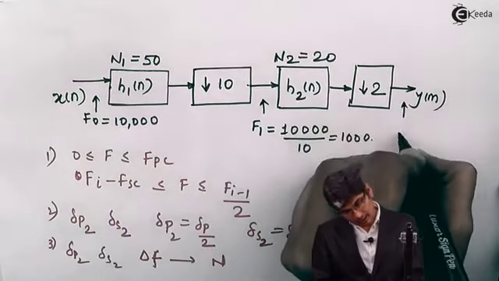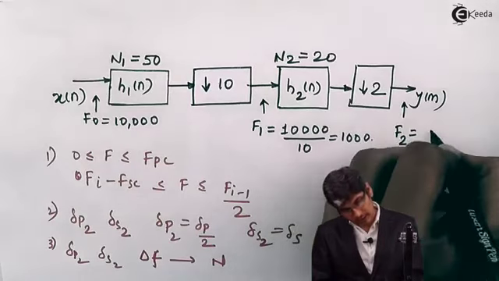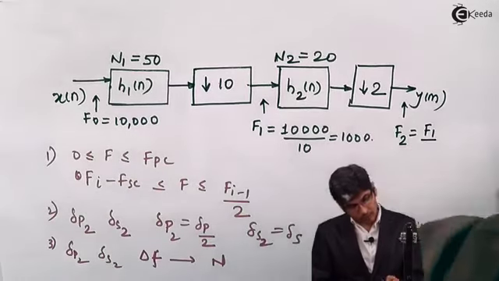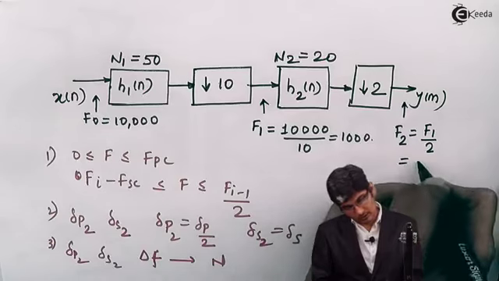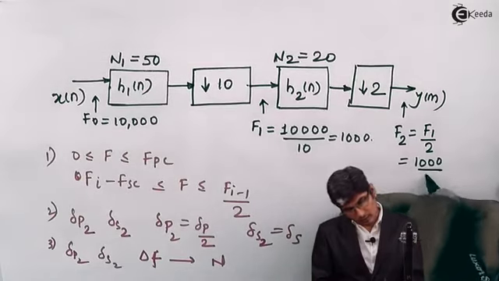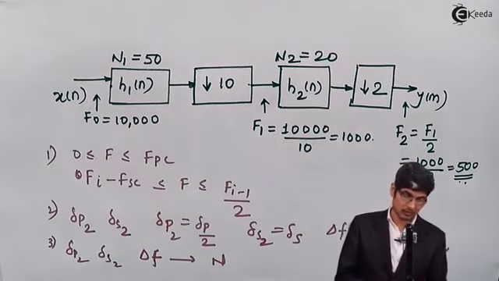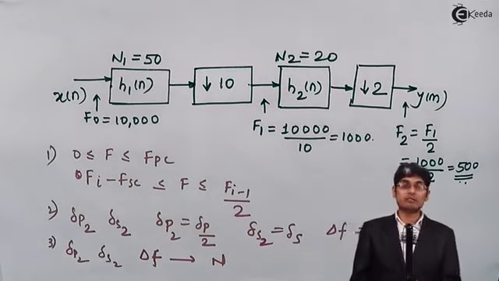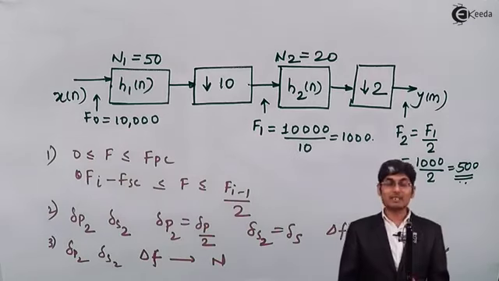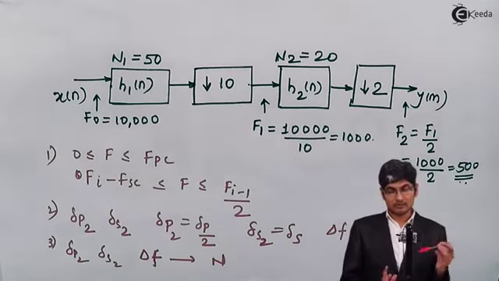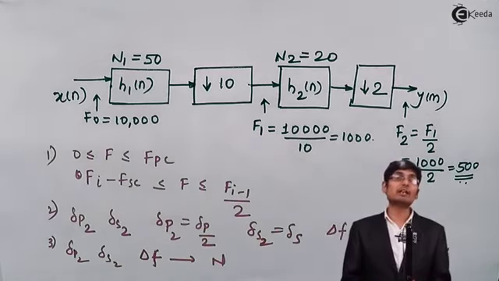And this will be my F2, which is actually F1 upon 2, which is 1000 by 2, which is 500. So this is how we normally design multi-stage sampling rate converters.